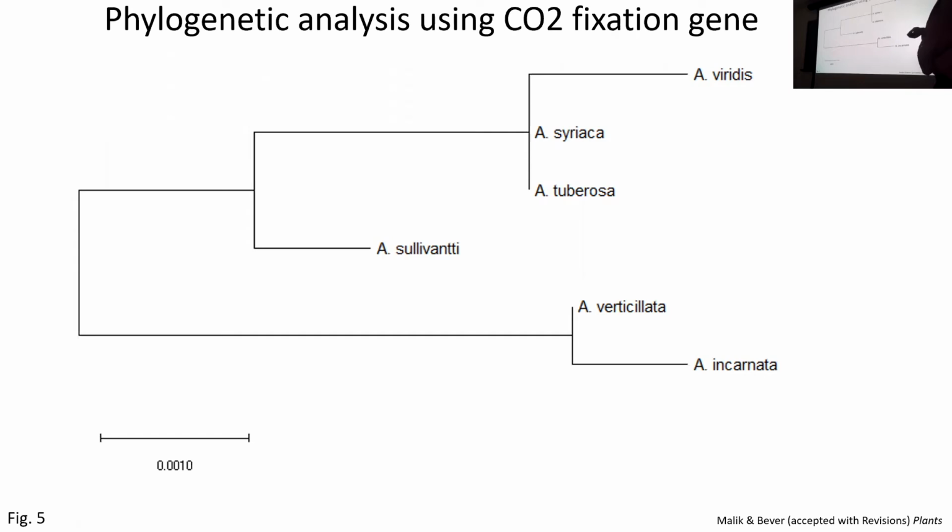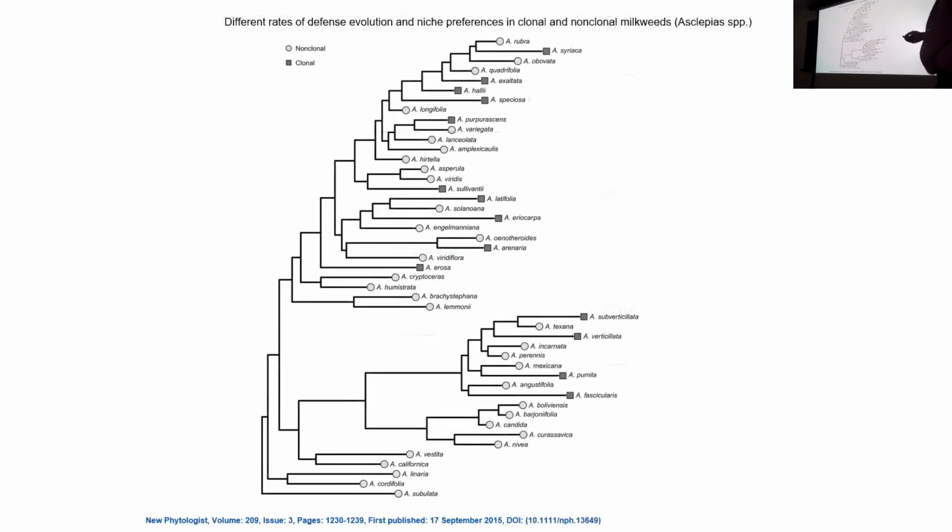This is the first time I saw it presented like this: the species could be observed as being related according to their root system, where the 2 most closely related species have fibrous root systems, and these other 4 species have taproot systems. And this phylogeny is consistent with previous phylogenies that looked at milkweed species.